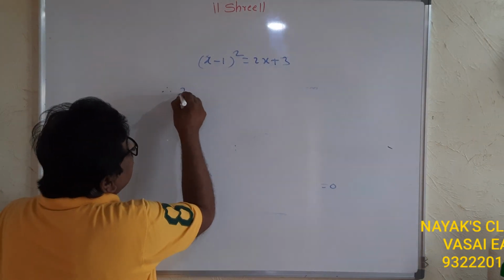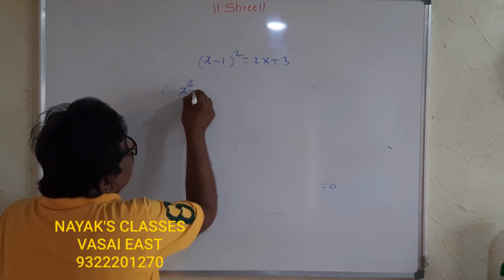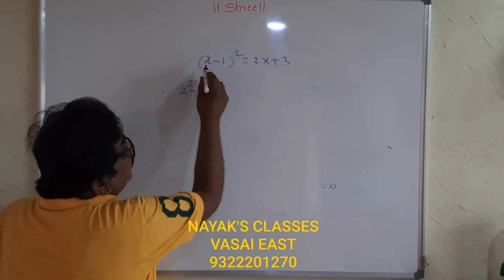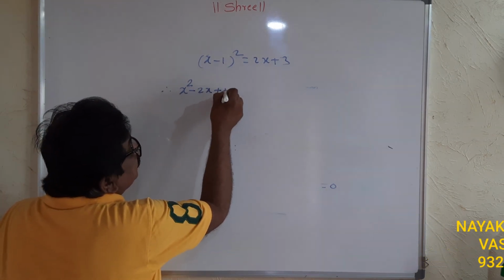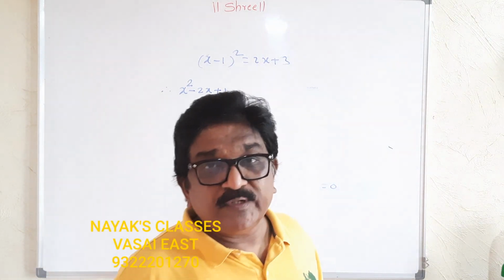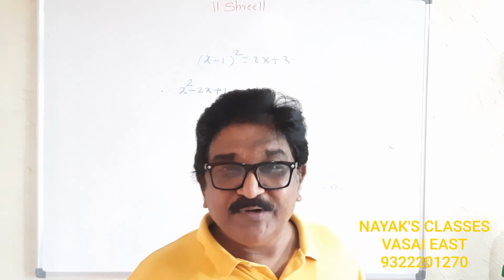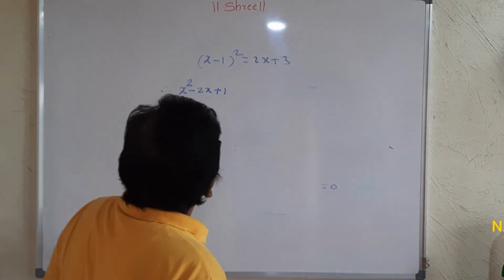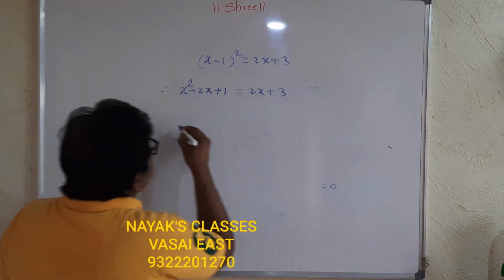So the expansion of this: a square minus 2ab plus b square, that is x square minus 2x plus 1, is equal to 2x plus 3.